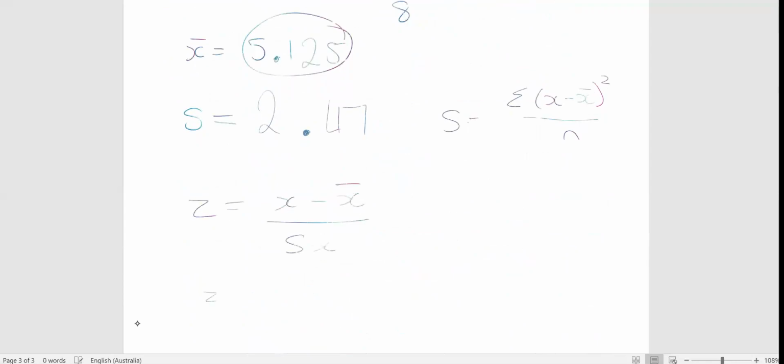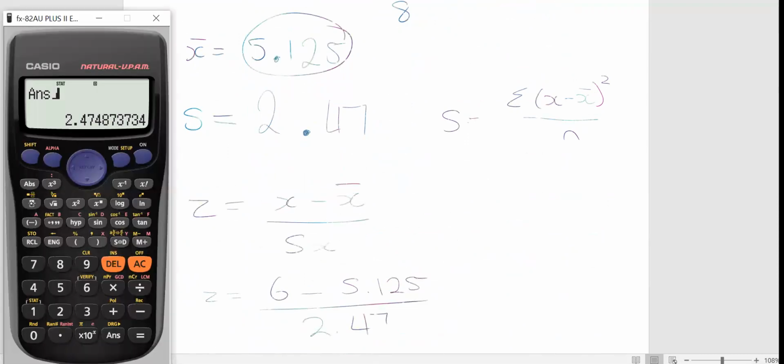So we're going to plug in z is equal to 6 minus x bar, which is 5.125, all over 2.47. I'm going to get up my calculator, go to computation mode, go to my fraction button, 6 minus 5.125 all over 2.47, and I'm getting a z-score of 0.35.